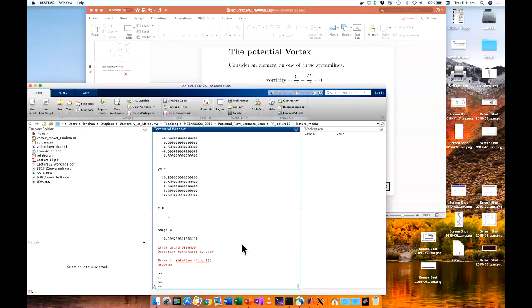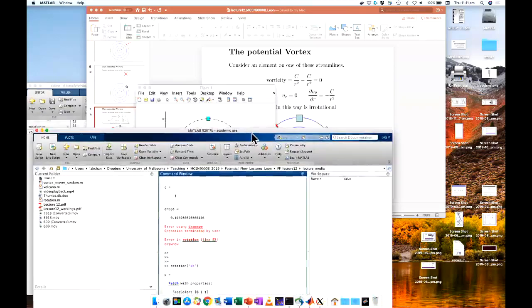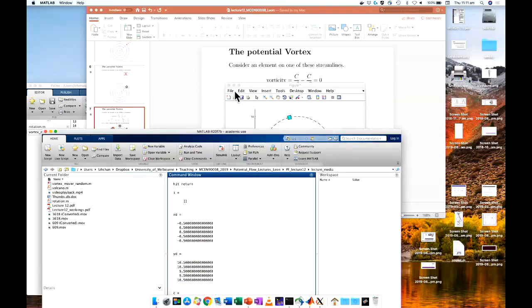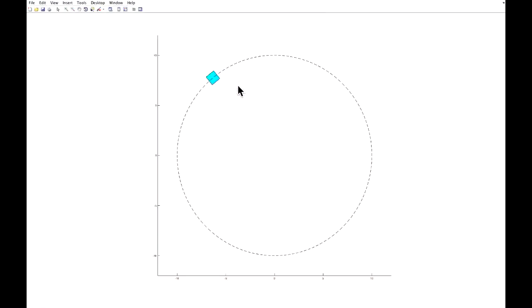Let's see. How do I do this? Right, so I have a solid body here, and this is the streamline. You can see for a solid body rotation, this fluid element is not only translating, but it's also rotating.